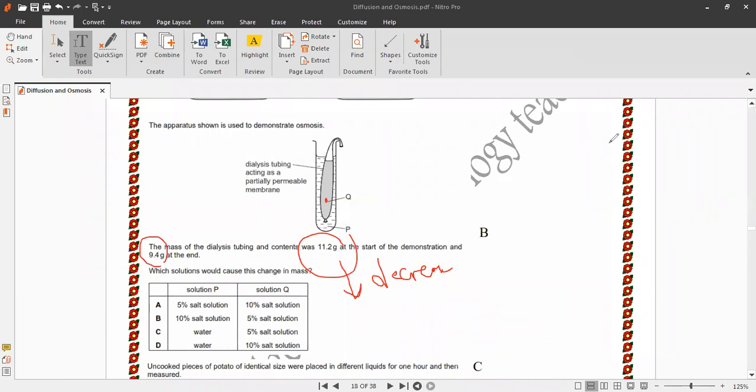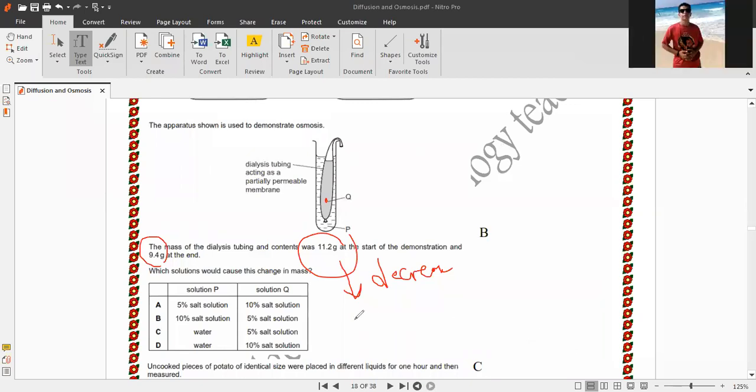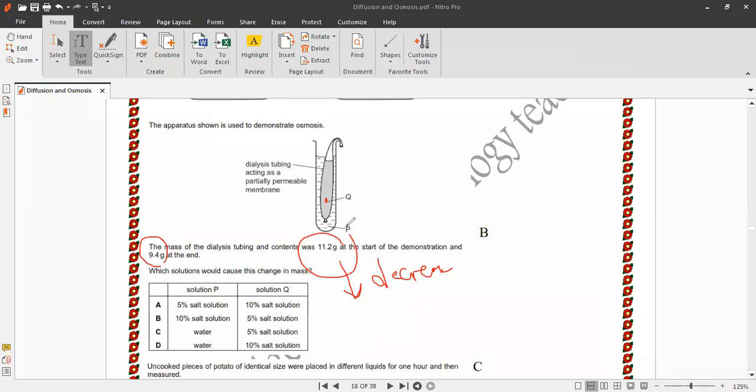Yes. What could cause the mass to decrease here? Again, Mr. Ademi. What happens to the solution B? Solution B, more concentration, high concentration, or low concentration? Low. B is low concentration than Q?